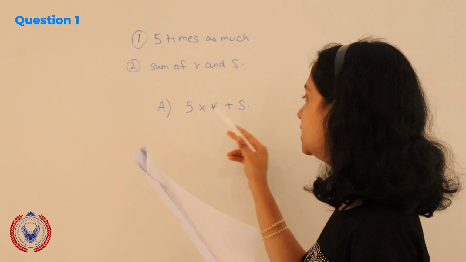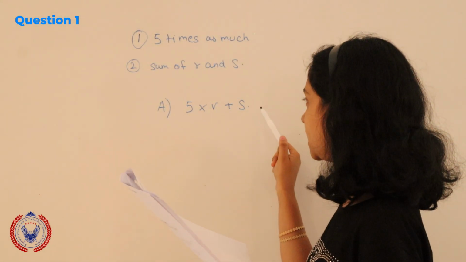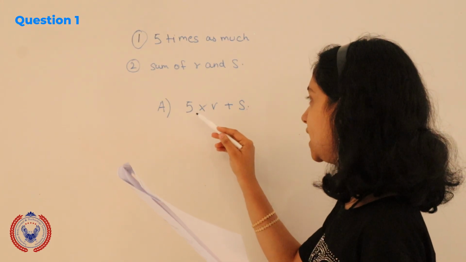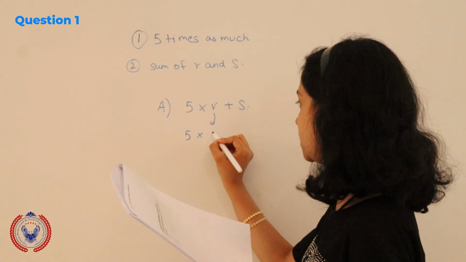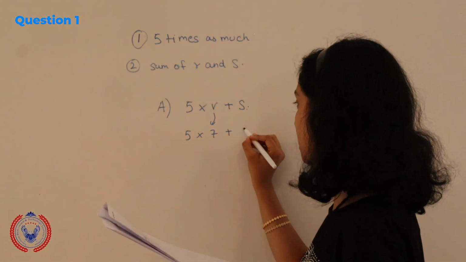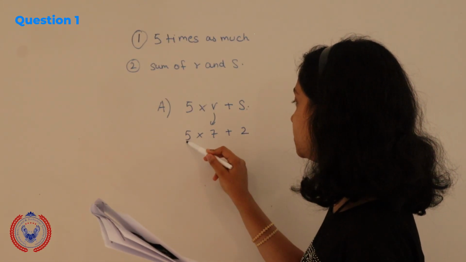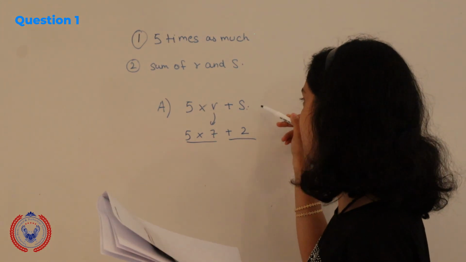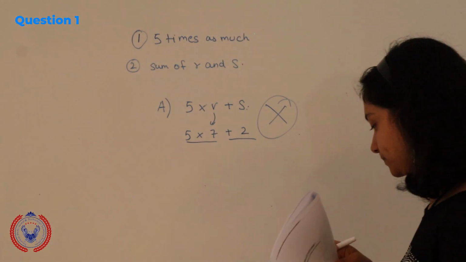This expression would be incorrect because 5 times R plus S does not say the sum of R plus S times 5, because it could be anything. Let's say R is 7, and plus S, which could be any number, I would just take 2. So this would be incorrect because it is only multiplying 5 times R and then adding 2, or in our case, any number which is S. Hence, this would not be a correct choice.